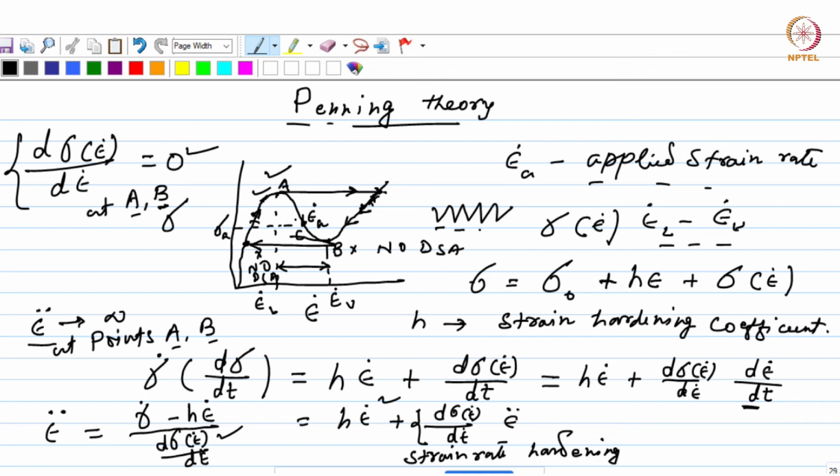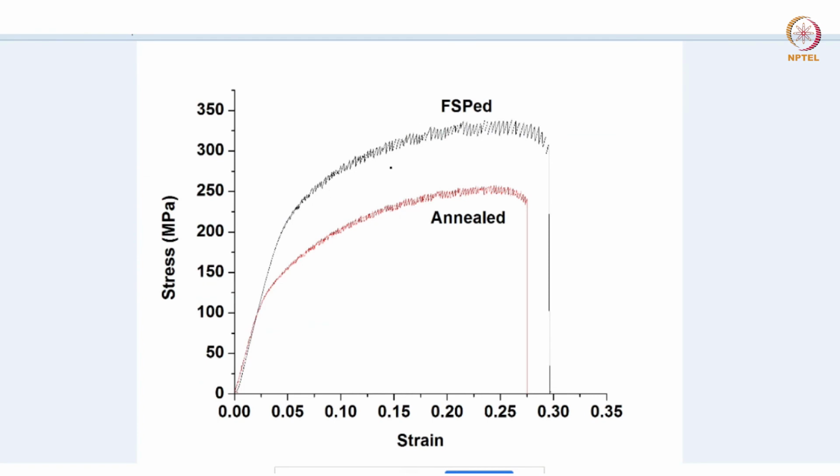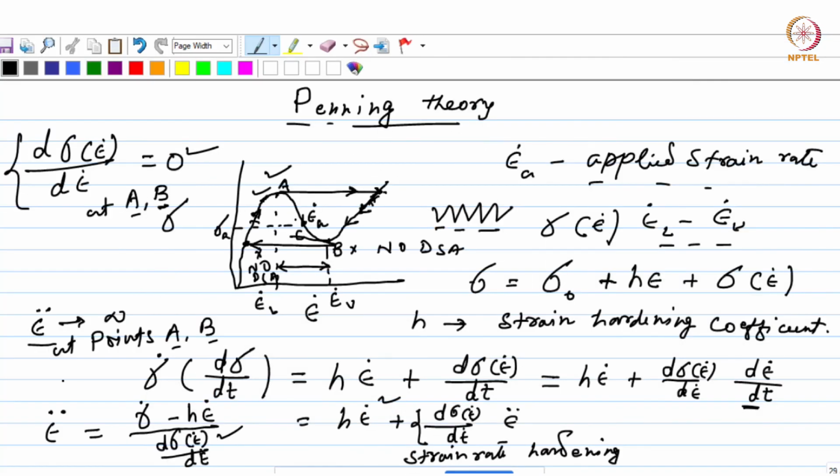As a result, you will get this kind of serrations, as you could see in this stress strain curve. So that is how, according to the Penning theory, the serrations come in the stress strain curve when the material is deformed in a temperature and strain rate range in which dynamic strain aging occurs.